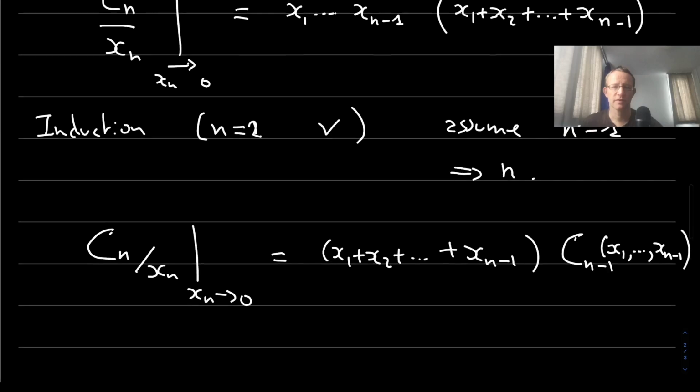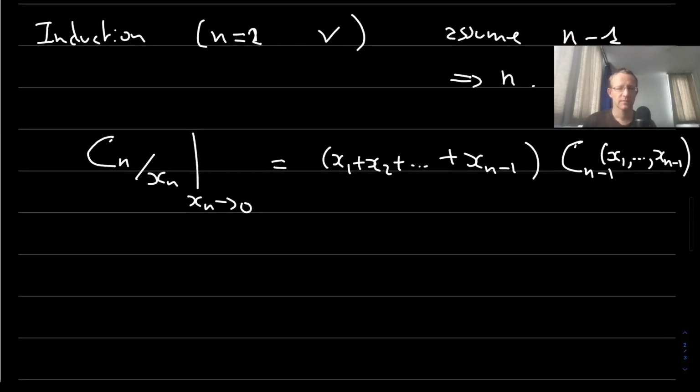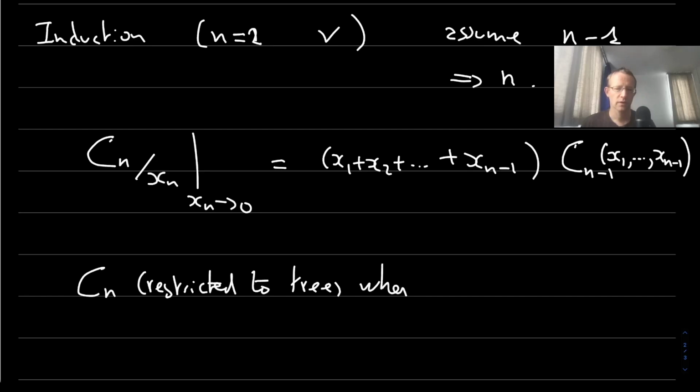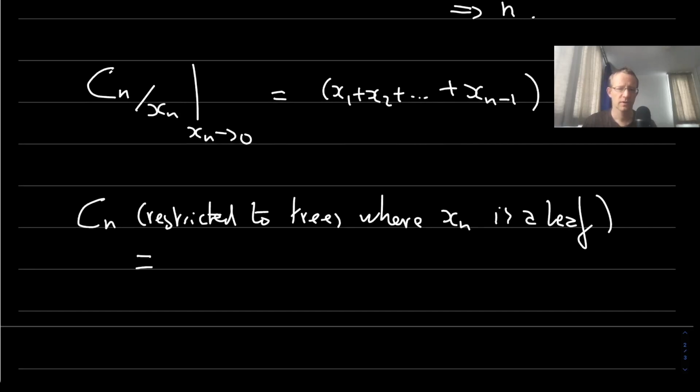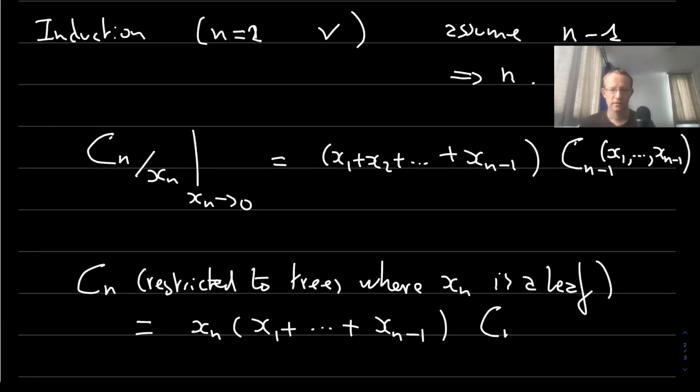This is by the induction hypothesis applied to the right-hand side. But then this means that Cn restricted to trees where xn is a leaf, we need to prove that that is equal to xn times (x1 plus dot dot dot plus xn minus 1) times the sum over trees over n minus 1 vertices.